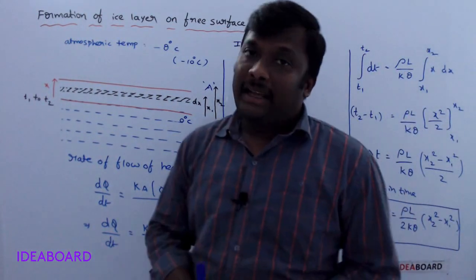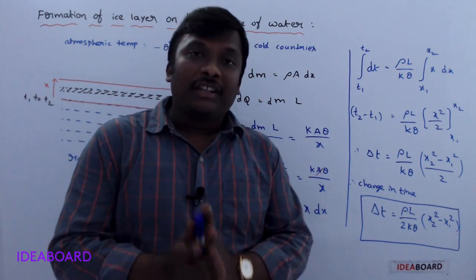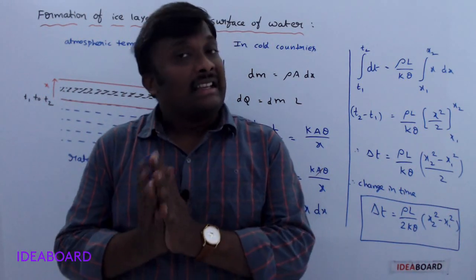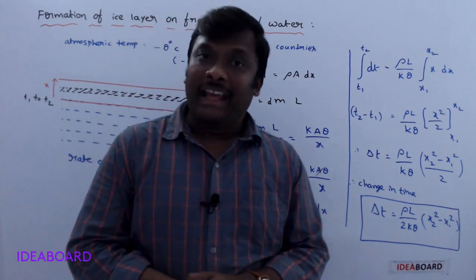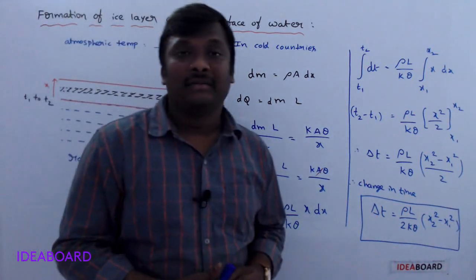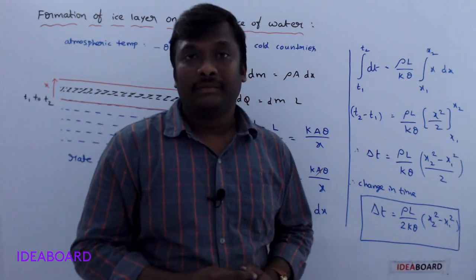Okay, one more time. In cold countries, generally the temperature is lesser than 0. Whenever the temperature is lesser than 0, what happens? On the surface of lakes or ponds, a small thin layer of ice is formed.